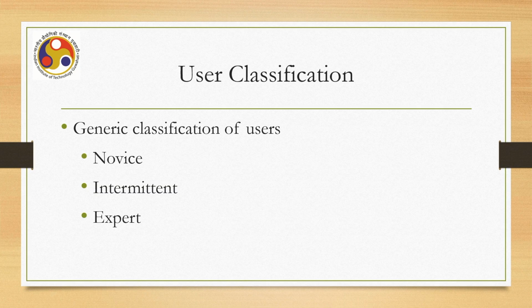Instead, we can rely on well known user categorization. One such categorization is a 3-class classification of users: novice, that is the first class, then intermittent, second class, and then expert, that is the third class of these categories.